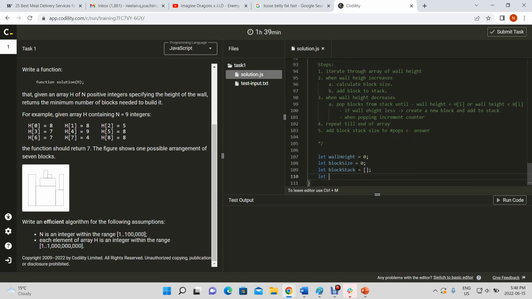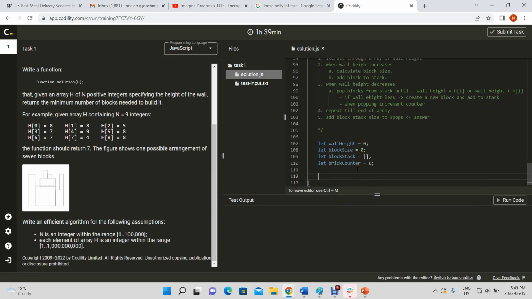And then our fourth variable, brick counter, and this is going to keep track of all the bricks that we have counted.